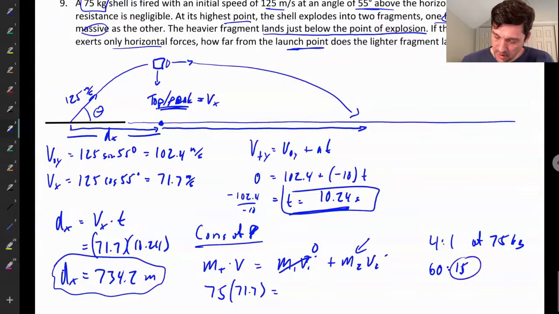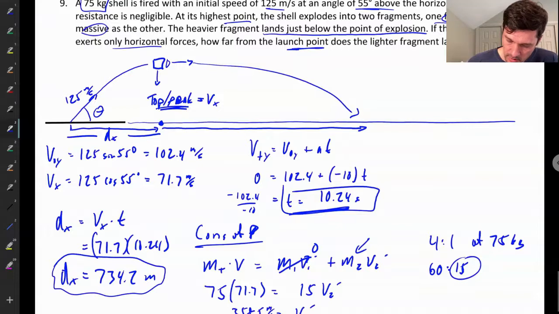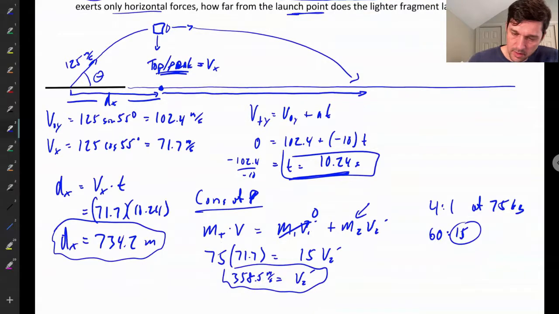So we're talking about the 15 kilogram portion, going at some velocity horizontally. So 75 times 71.7 divided by 15 tells us it's going 358.5 meters per second.